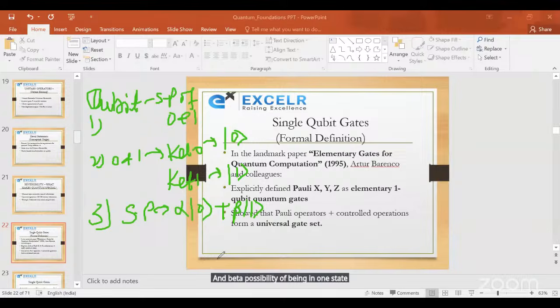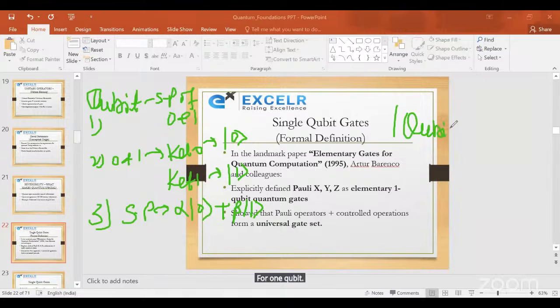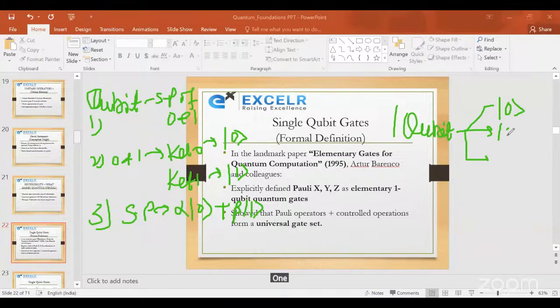So for one qubit we can have these three standardized things: ket 0, ket 1, and the superposition, alpha ket 0 plus beta ket 1.